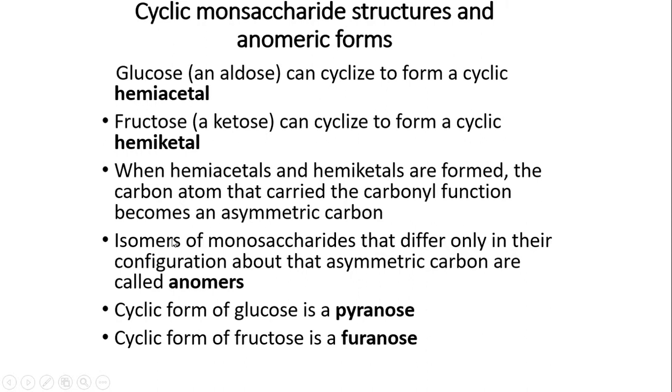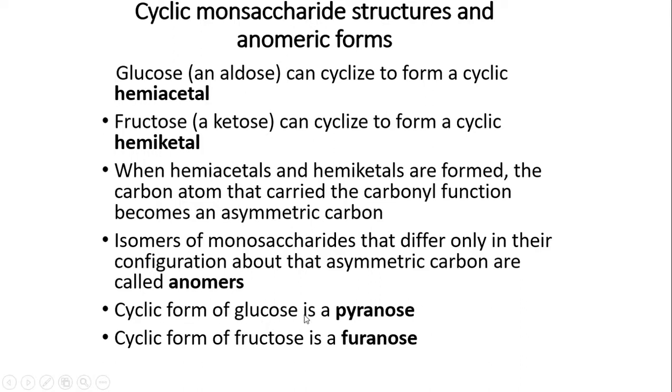So these isomers of the monosaccharides are only going to differ by the configuration around that asymmetric carbon, and these are anomers. They are denoted as either alpha or beta, depending on the position of the hydroxyl group at that asymmetric carbon.